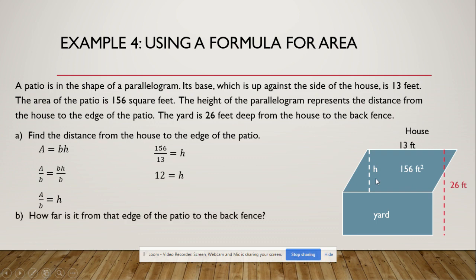Now that we know that, we're ready to answer this next question. How far is it from the edge of the patio to the back fence? Well, if the height here was 12, and to go from the house all the way to the back fence is 26 feet, we just need to subtract those. So 26 minus 12 means that the distance from the patio to the back fence is 14 more feet.